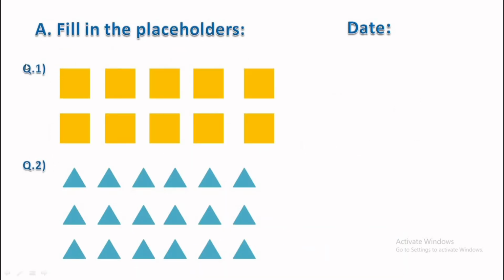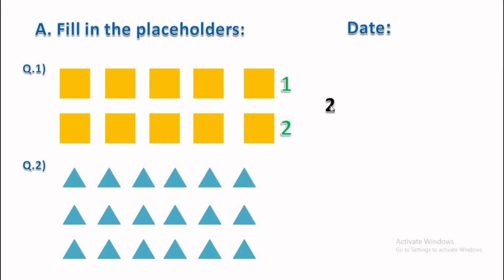In question number 1, we have a few squares colored in yellow. First, we will count the number of rows here, 1 and 2. So we'll write 2.